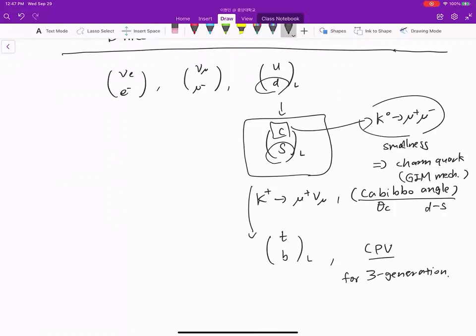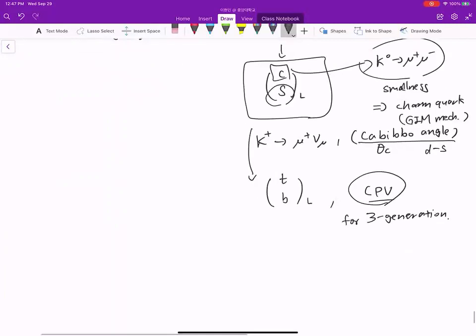then CP violation. So next week, we are going to cover CP violation, which has to do with the CKM matrix. The C is Cabibbo, and then Kobayashi, Maskawa. Kobayashi and Maskawa were awarded the Nobel Prize in 2008, together with Nambu, but Cabibbo passed away before the Nobel Prize.